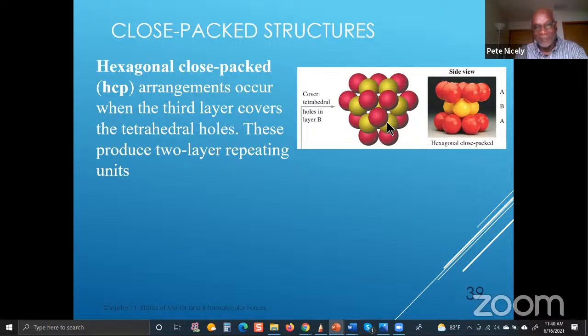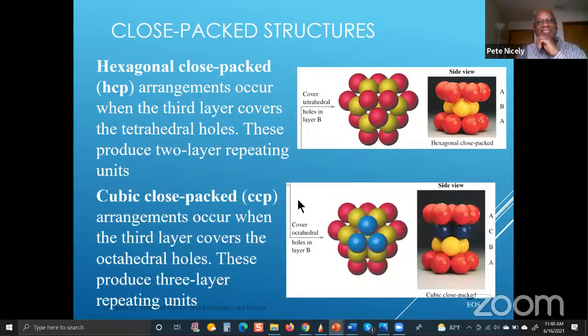And if the next layer, instead of occupying the tetrahedral hole, occupies the octahedral hole, then the arrangement is this, and it's called the cubic close packing.